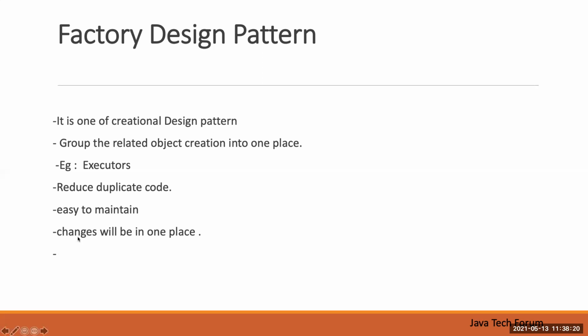It doesn't require any changes on the consumer class side. That is the main advantage. Also, this is a very simple creational design pattern, and it will be useful even in small applications as well.